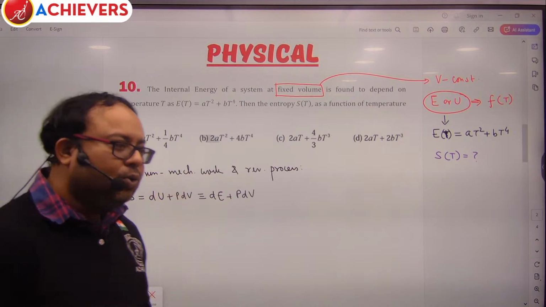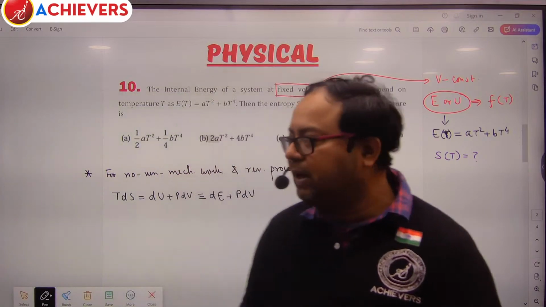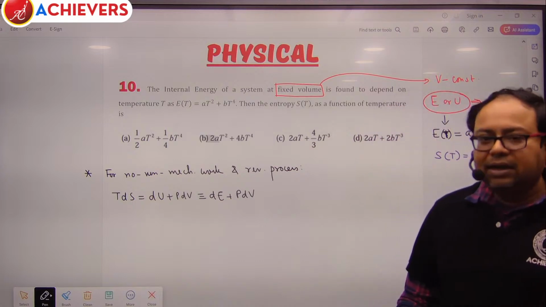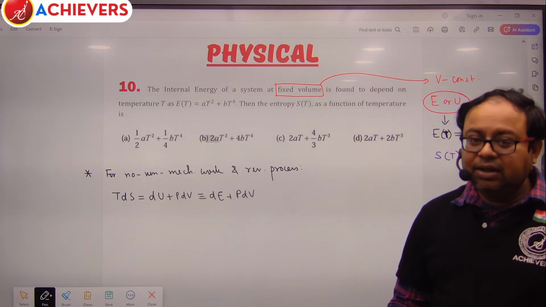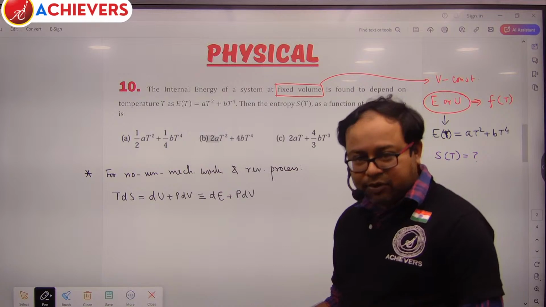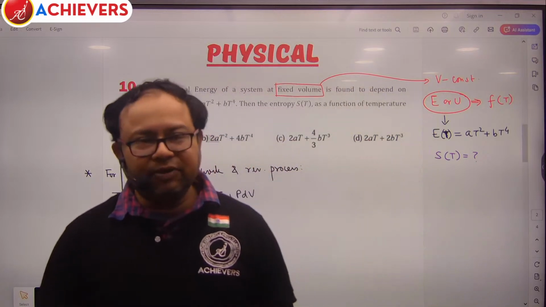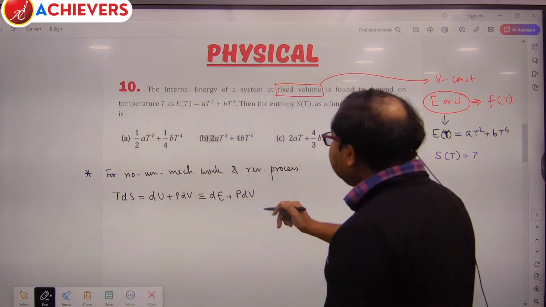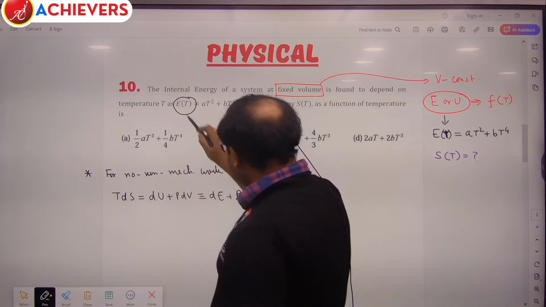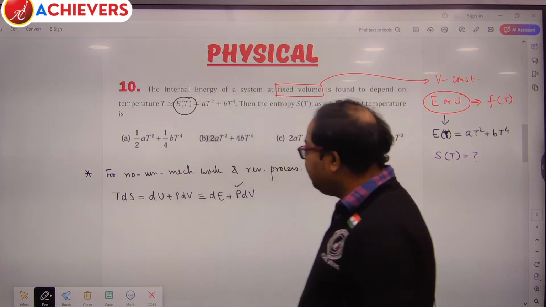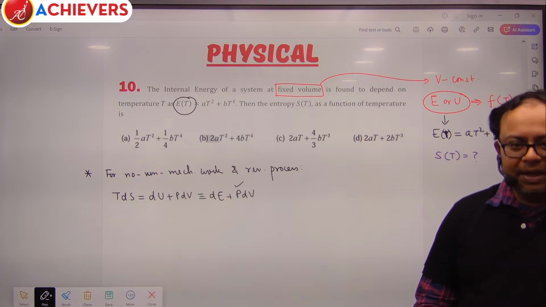Once these two conditions are validated, this particular equation is valid: TdS equal to dU plus PdV. Either you can express internal energy in terms of U or in terms of E. But in the question it is given in terms of E. So we'll use this particular equation, TdS equal to dE plus PdV.